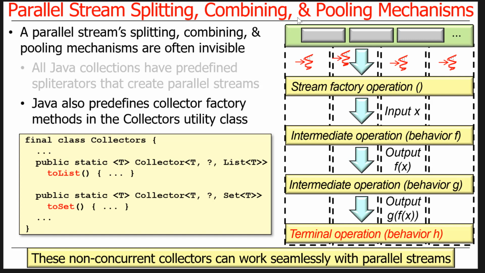We've talked about non-concurrent collectors already. Non-concurrent collectors are the ones that work with parallel streams, but they do things by joining together successively larger chunks of sub-results into a final reduced result. And we'll talk more about that shortly.